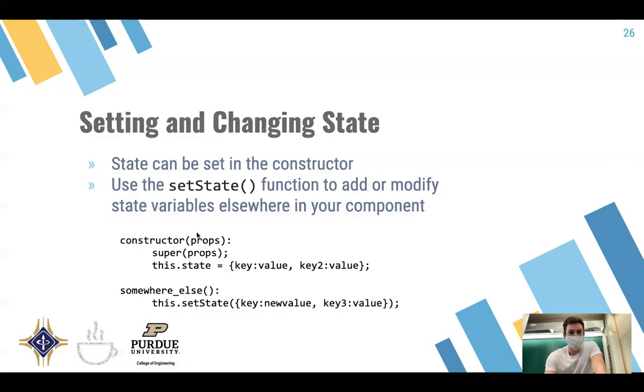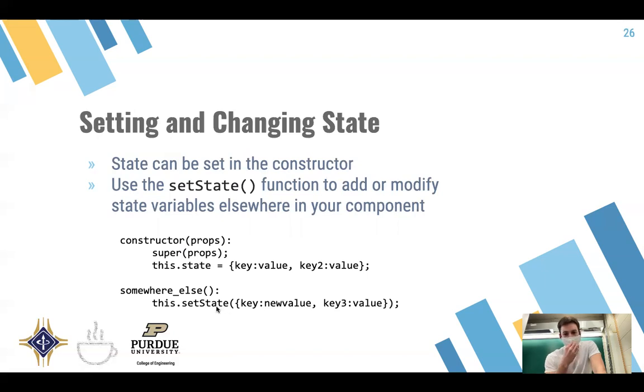So here's how you do it. This is the special reason why using the class way of creating a component is very important. You use this.state equals and in curly braces, so you're getting an object here. You have key value pairs for the state variables you want to initialize. State is set in the constructor, and then you use the setState function to add or modify the variables. You have to do it this way. You can't set it directly outside of the constructor, because React needs to know if your state changes, and this is the way to let React know.